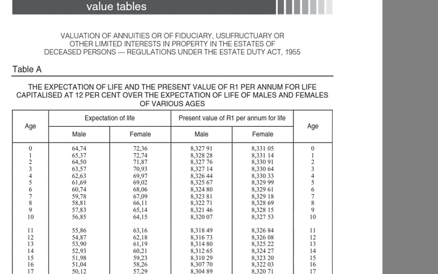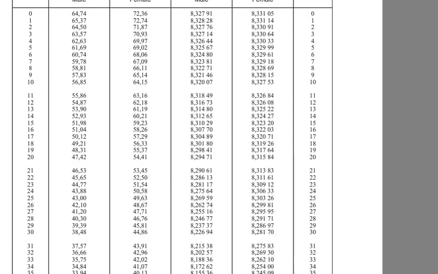Okay, so if you are 20 years old and you are a male, then you are expected to live for 47 more years, and then the present value of R1 per annum is 8,294.